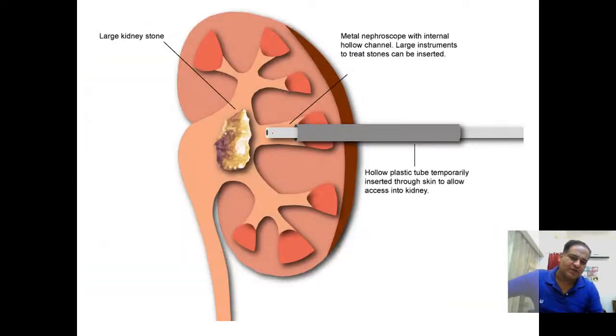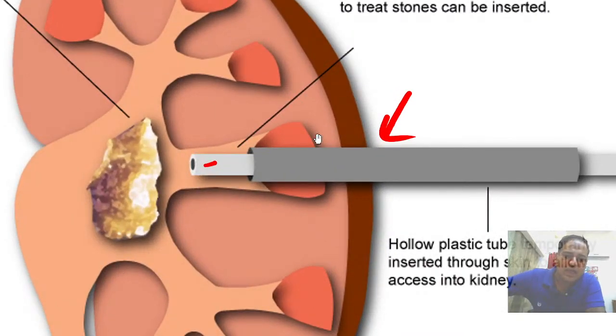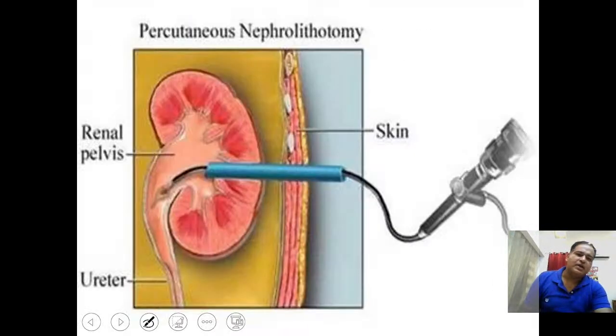First we'll pass a small tube. Over that we'll pass a thicker tube. We'll keep on passing thicker tubes until we are in a position to remove the stone comfortably. Suppose over this gray tube, we'll pass another thicker tube. That is percutaneous nephrolithotripsy.